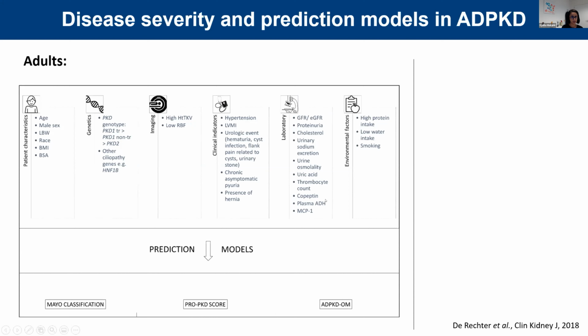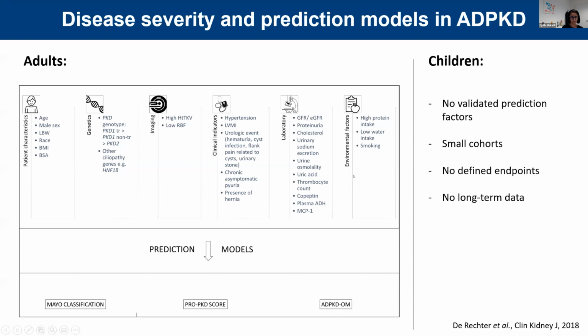Hypertension and other symptoms are also important for disease severity. And they succeeded in building prediction models to distinguish adults at risk of rapid progression from those with a slower phenotype.